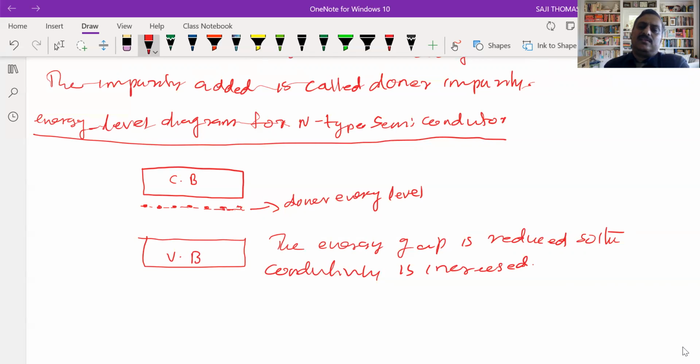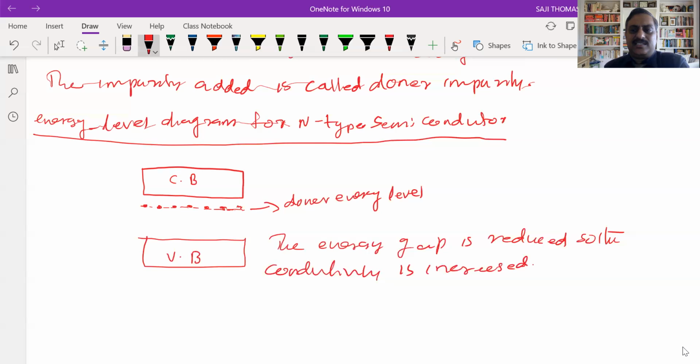So the golden points in this discussion: first one, when a pentavalent impurity is added to a pure semiconductor crystal like germanium or silicon, we get N-type semiconductor.